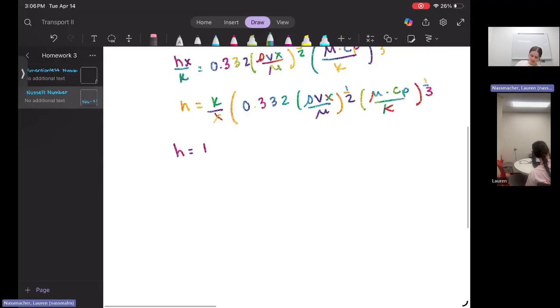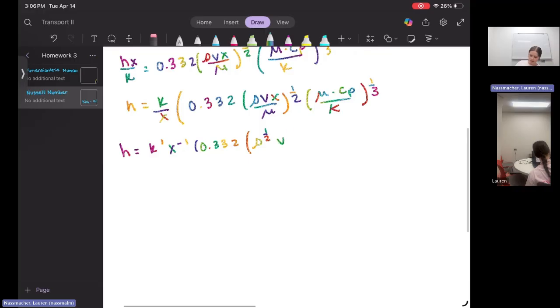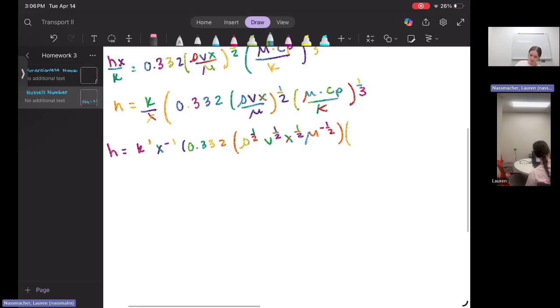So we have k to the 1 power, x to the -1 power, 0.332 multiplied by density to the 1/2 power, velocity to the 1/2 power, x to the 1/2 power, then mu to the -1/2 power, multiplied by our viscosity to the 1/3, heat capacity to the 1/3, and our constant to the -1/3.